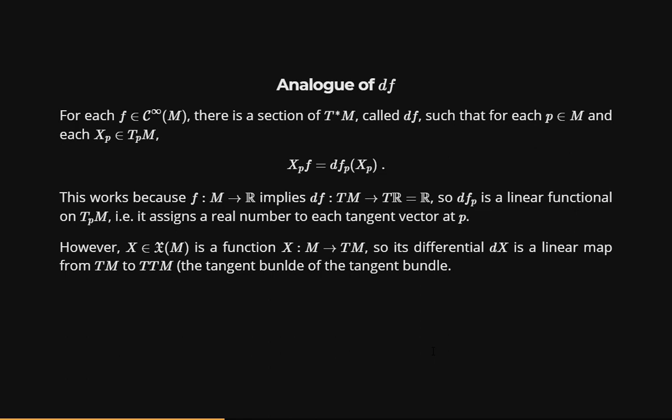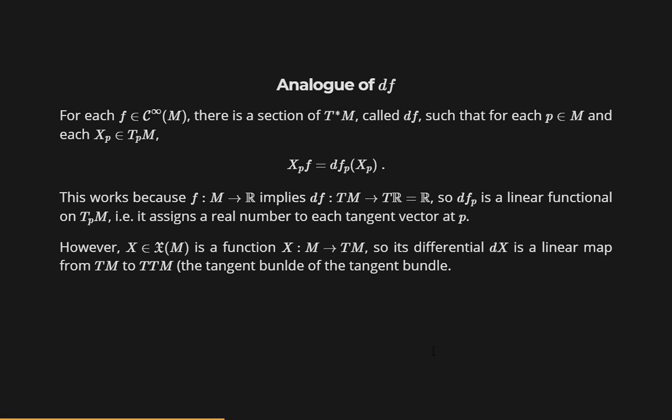So df at p is a linear functional on the tangent space. If we take a vector field, it is a function from M to the tangent bundle, so the differential is a linear map from the tangent space at p of M to the tangent space at X of p of the tangent bundle.